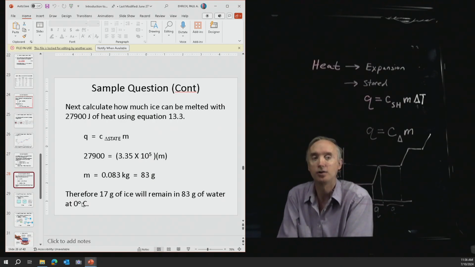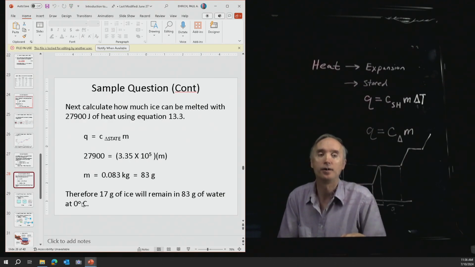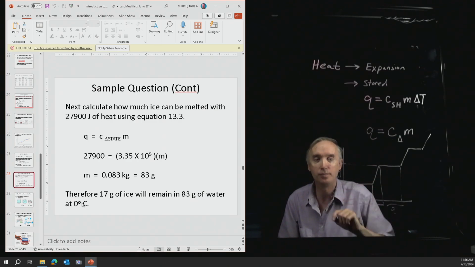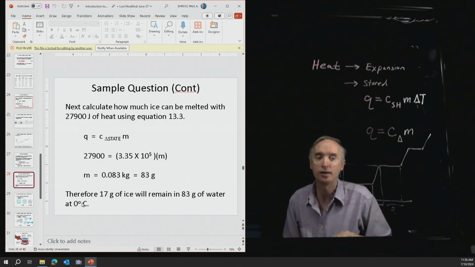We're going to solve that equation for m, and it turns out that m is going to be 0.083, and then let's change that back to grams, so it'd be 83 grams. So notice that we did not have enough heat to completely melt the ice. Therefore you'll have 17 grams of ice remaining, and you'll have 83 grams of water. So the ice will be floating in the water.